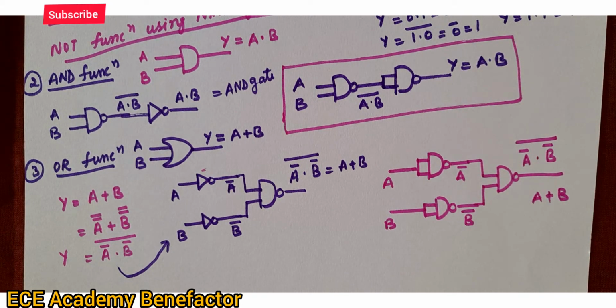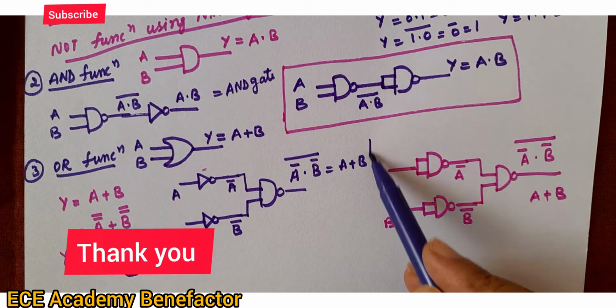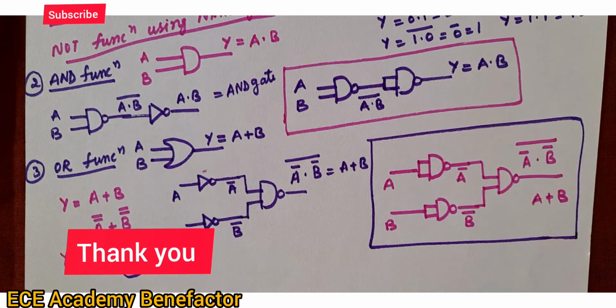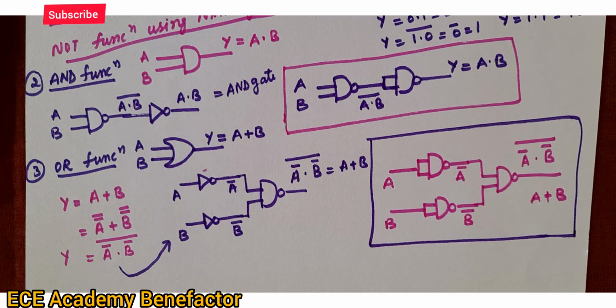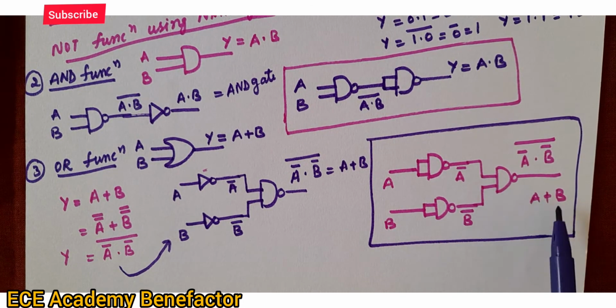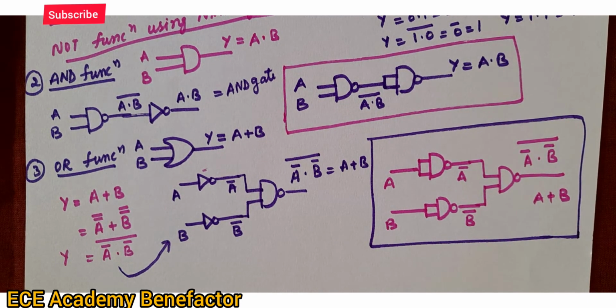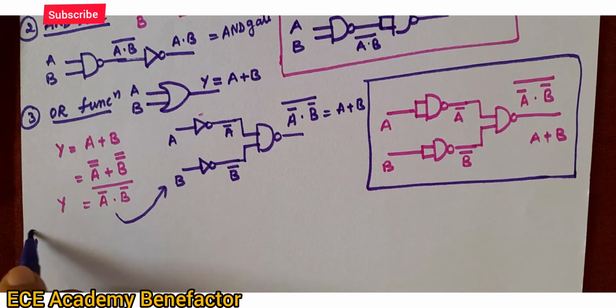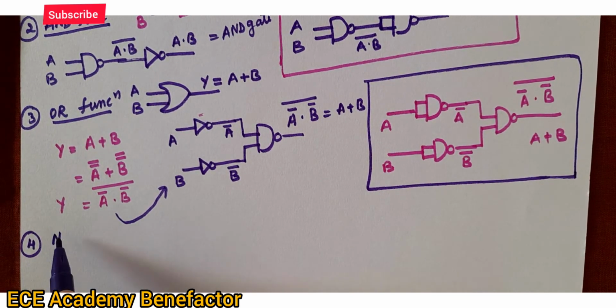Okay, so what is this diagram for? NOR gate, NOR function. So using NAND gate we can get the OR gate function. Next one is NOR function. How can we get NOR function?